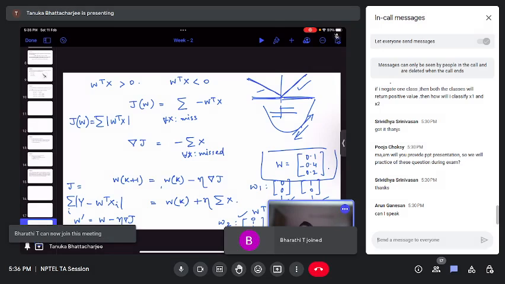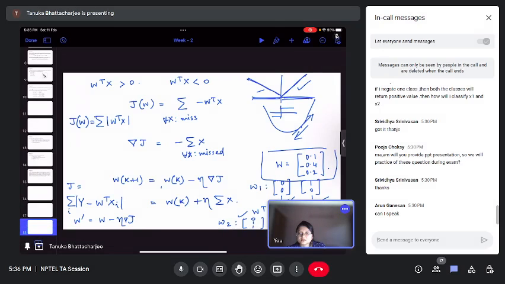When you compute delta J, it may not always come as a positive quantity, right? When you take this derivative with respect to W, depending on whether y minus w transpose x is on the positive side or negative side, this modulus derivative can be different, because the final solution you get for this is w being the median.